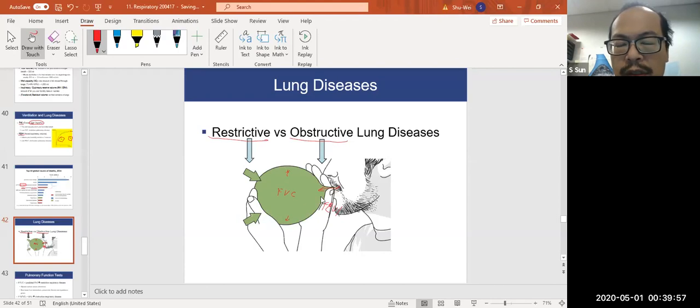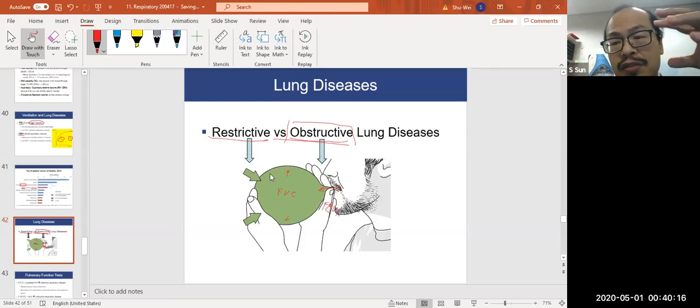FEV1. If the airway is blocked, then this disease is called an obstructive lung disease. Even though we still retain the same large lung capacity, the speed for the air to go in and out is reduced.